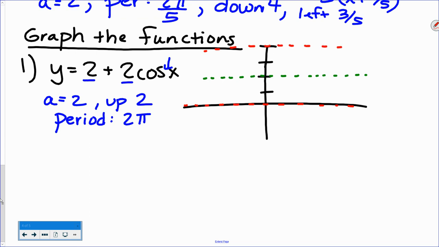So it's all going to kind of make its little wave between those 2 red dashed lines. All right, so if I'm dealing with cosine, that means I start, in this case, 2 above, since my amplitude is 2, I start 2 above the center of my graph when I'm looking at 0. So it starts here.